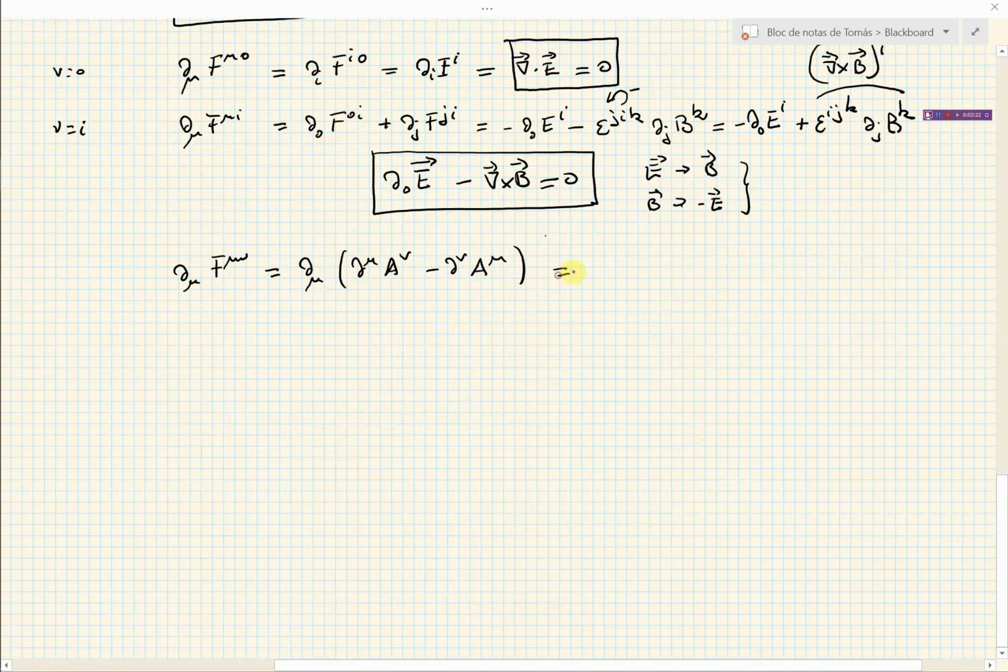So this gives us d mu, which is what we have called box, the d'Alembertian, sorry, minus d mu d nu A mu. Okay, this is not a familiar equation, but we can interchange these two partial derivatives, and we get this.